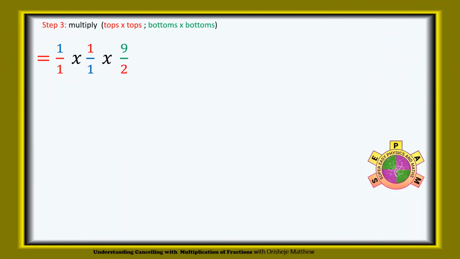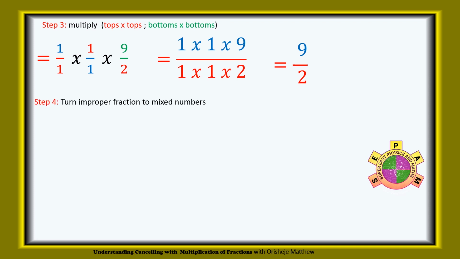Top multiply top, bottom multiply bottom, so that will give me 9/2. This is an improper fraction, so let's convert it to a mixed number. Look at 9: how many groups of 2 are in 9? 9 divided by 2 gives me 4 remainder 1.